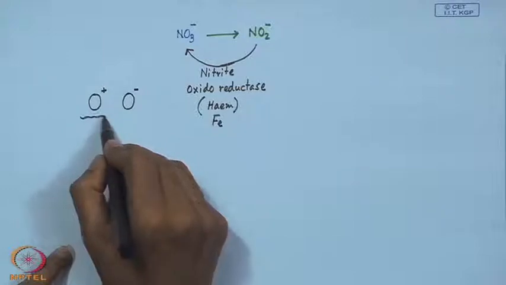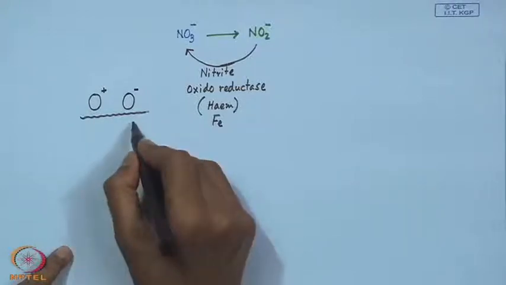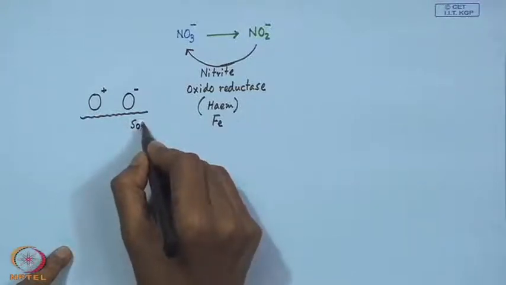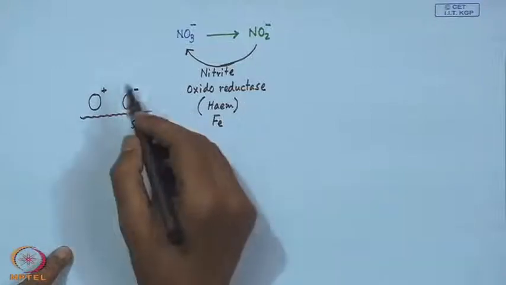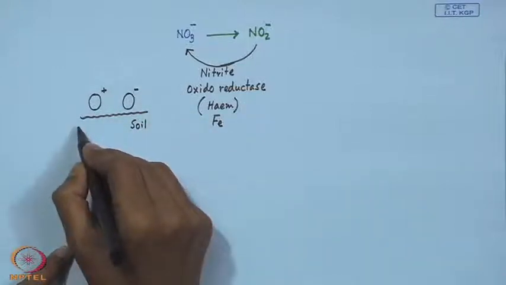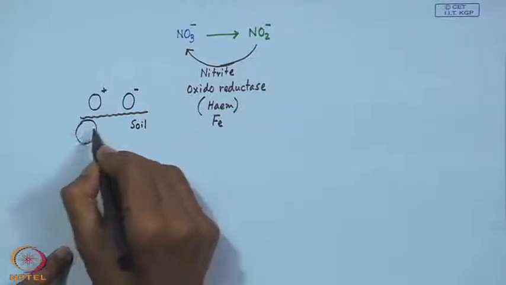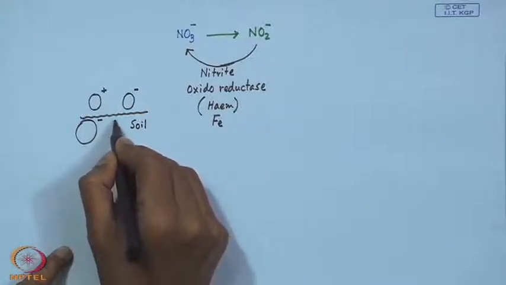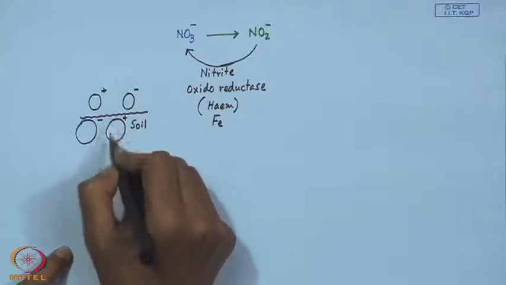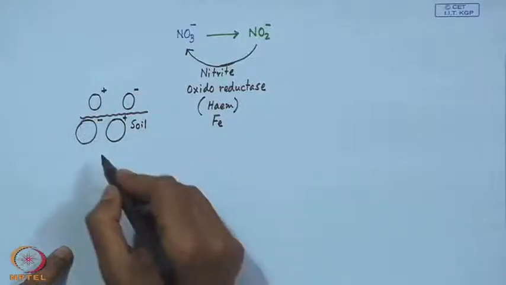If they are sitting over the soil material, they cannot be retained unless the soil also has some counteracting anions as well as some counteracting cations which can take part with this anion and this cation nicely.